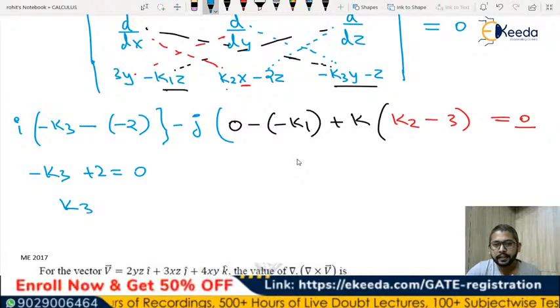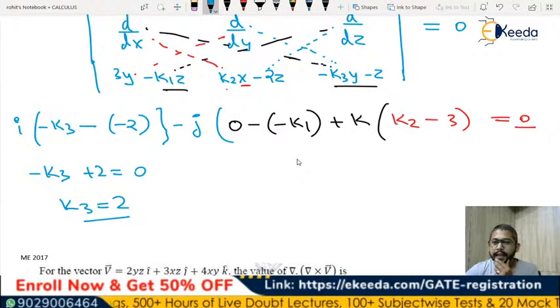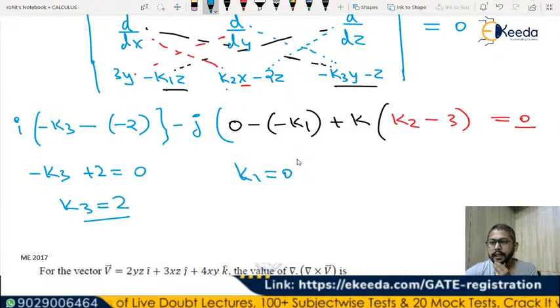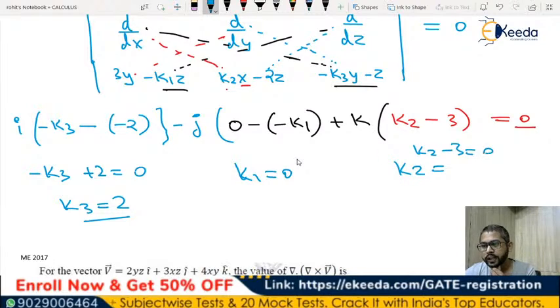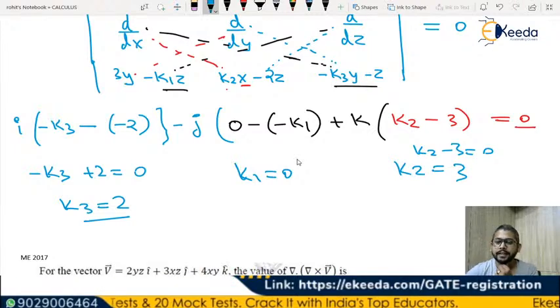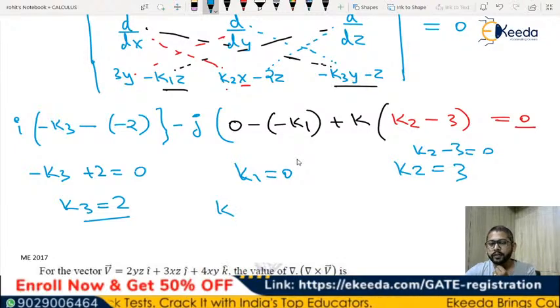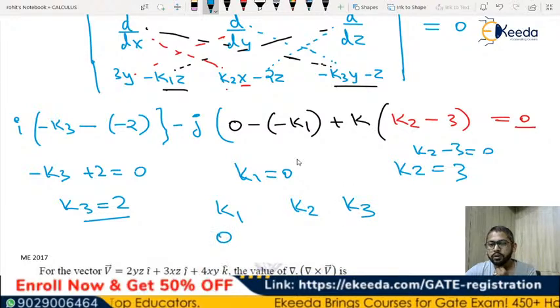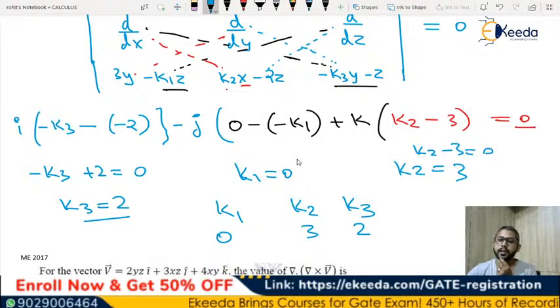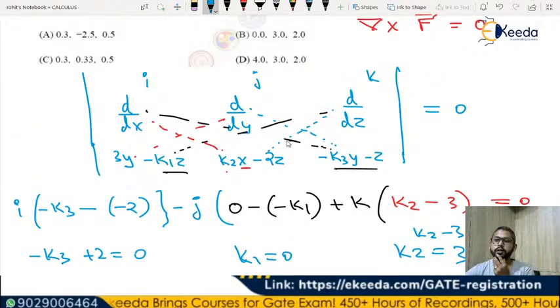So that means k3 is equal to 2, k1 equal to 0, and k2 minus k3 equal to 0, so k2 equal to 3. That means in terms of k1, k2 and k3, we have 0, 3 and 2.